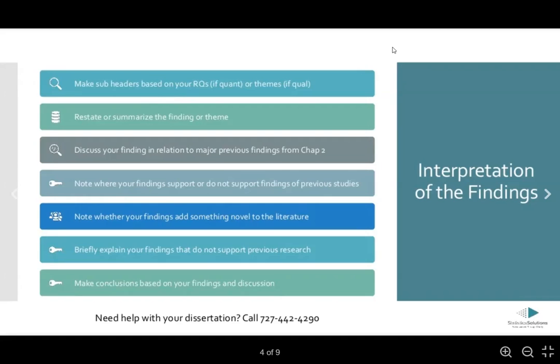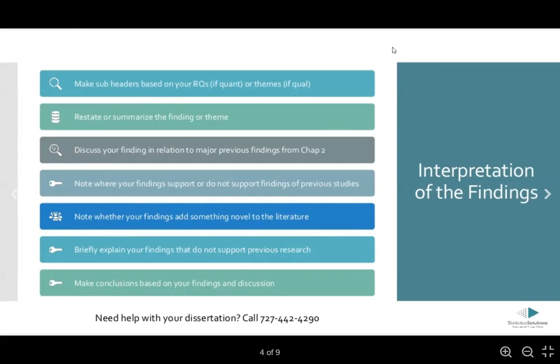Once you have restated the finding, you will want to discuss that finding in relation to any previous findings that you've already discussed in chapter 2. Again, note anywhere where your findings do not support the findings of previous studies. Also note if you've found anything new.